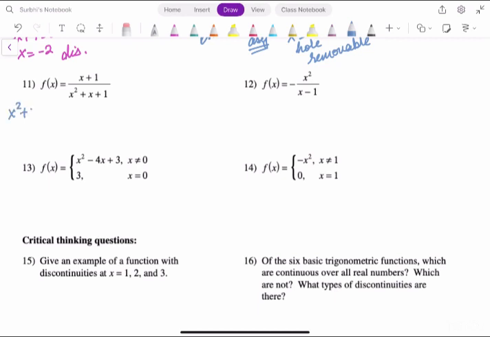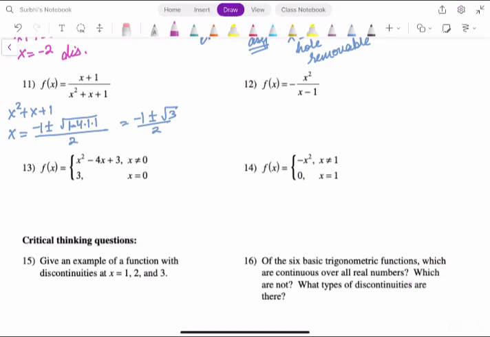Number 11. Again, we have a quadratic, but I cannot factor it. So what we can do, we can use the quadratic formula. So when I use the quadratic formula, remember negative b plus minus radical of b squared minus 4ac divided by 2a, I got negative 1 plus minus radical of negative 3 over 2.